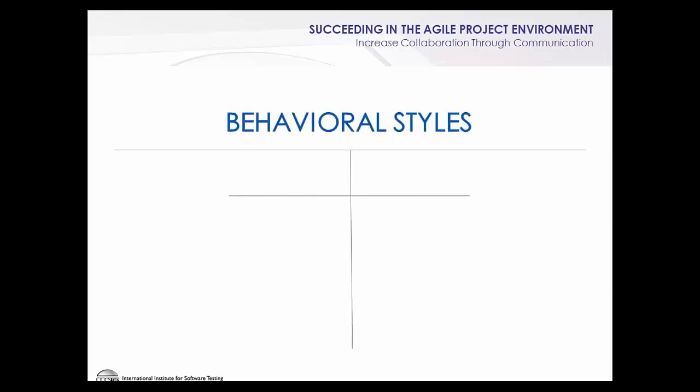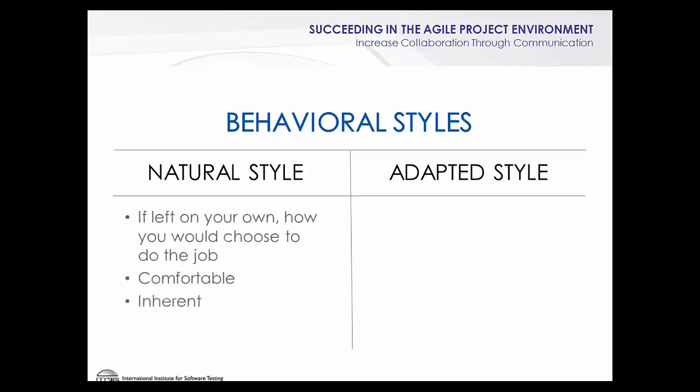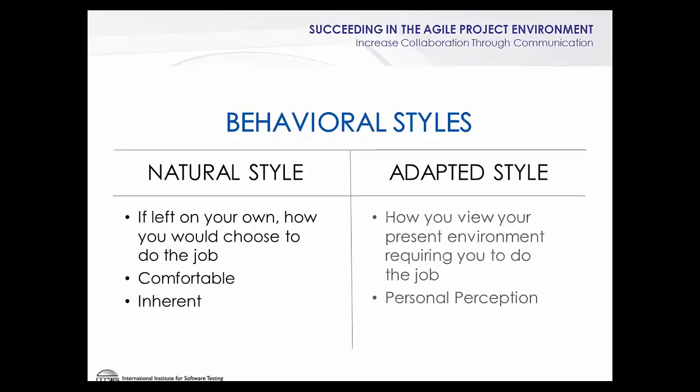So let me share with you another aspect of the behavioral styles. There is a natural style and an adaptive style. Natural is our inherent way of doing things, or what we are naturally more comfortable with. And adaptive is our perception of what we need to do to be most effective.